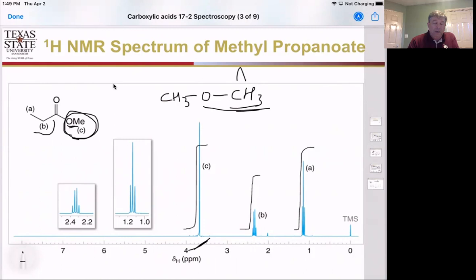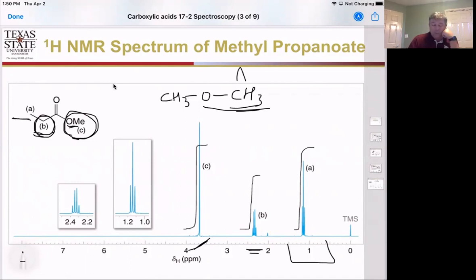All right, the next peak of interest is going to be the one right next to it. And notice this is shifted above that of our normal alkane range, which would be here. That is going to give us an idea that this is the one next to the carbonyl. And then our last peak is here.